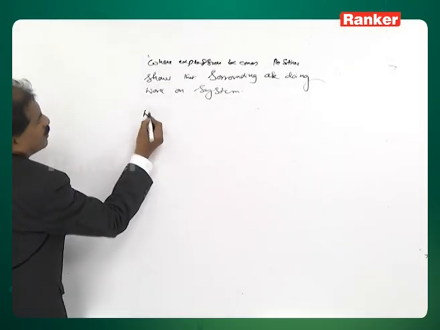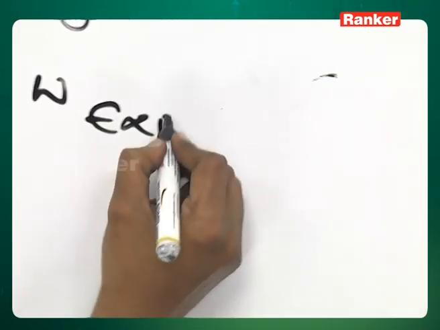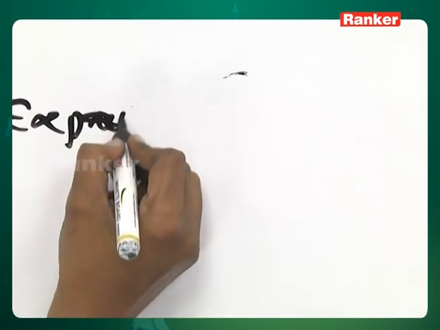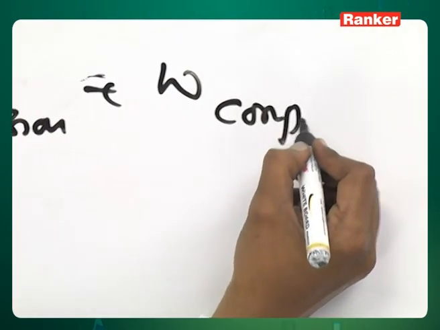Next, total work, W total, is equal to work involved in expansion plus work involved in compression.